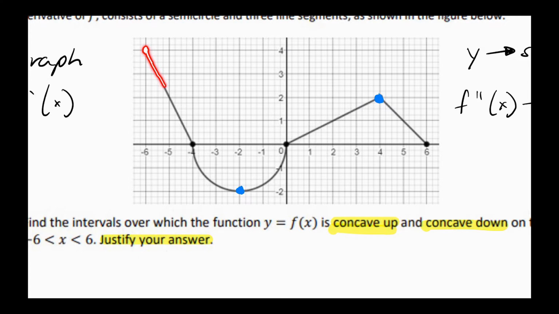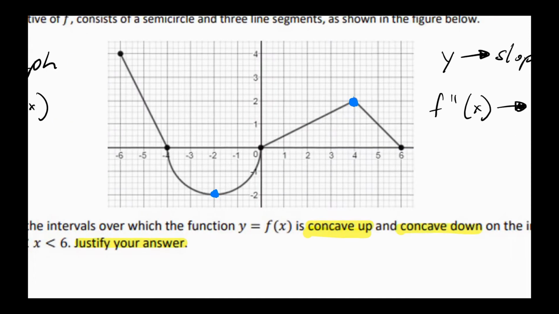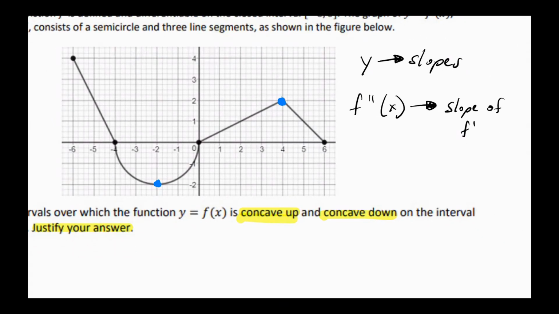So as I go, is it positive or negative? F prime is, but the slope of f prime, yeah, you, Raj, are saying the slope of f prime, which is f double prime, right? So slope of f prime, right? Okay, so slope of f prime, positive or negative?